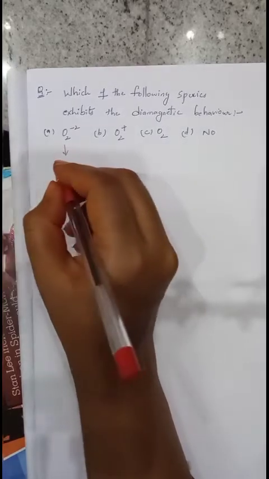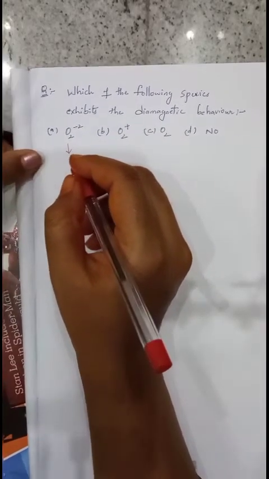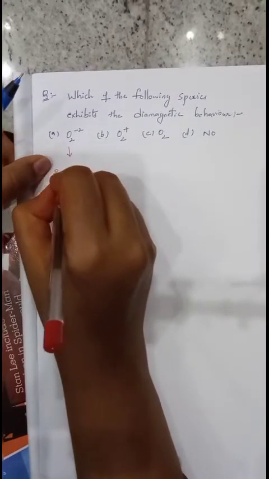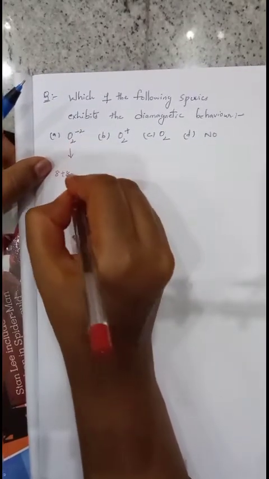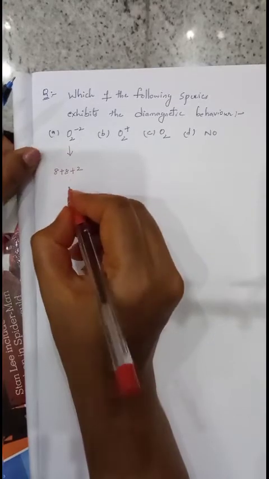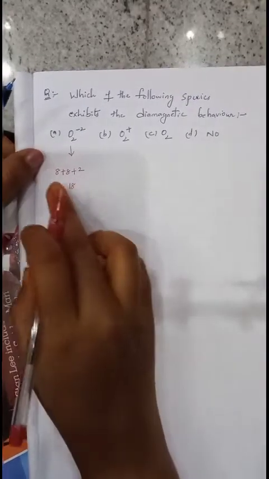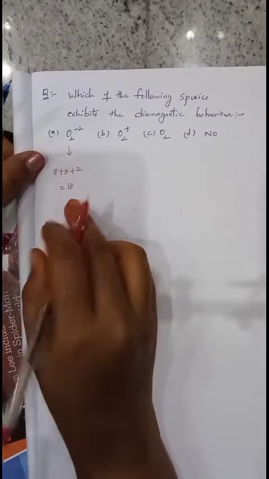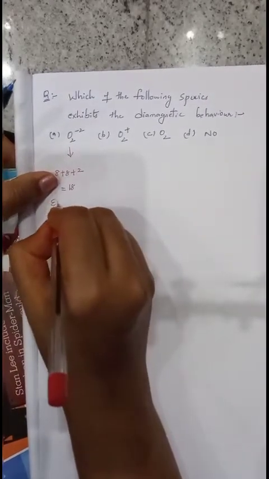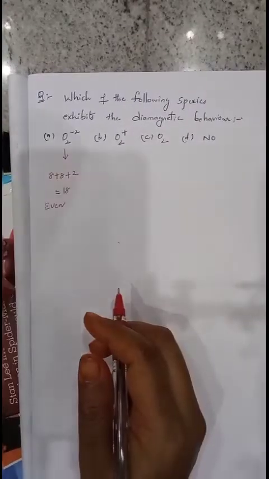Each oxygen atom contains 8 electrons. 8 plus 8, and minus 2 is the charge. That means it has 2 extra electrons, containing 18 electrons in total. 16 plus 2, 18 electrons. 18 is an even number. If an even number of electrons are present, then that is said to be diamagnetic.